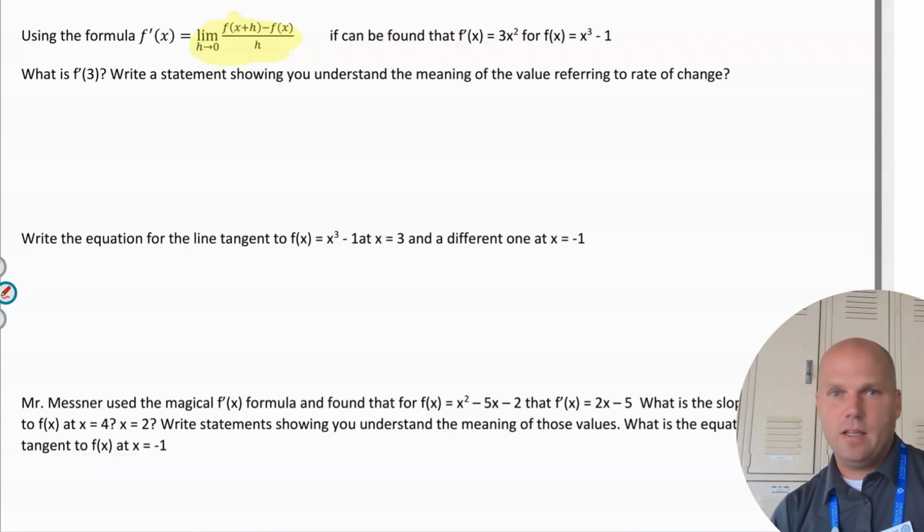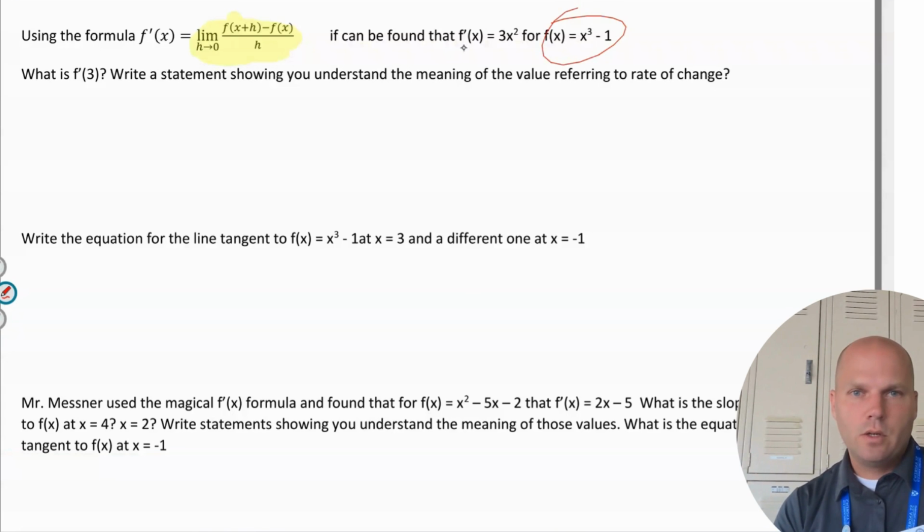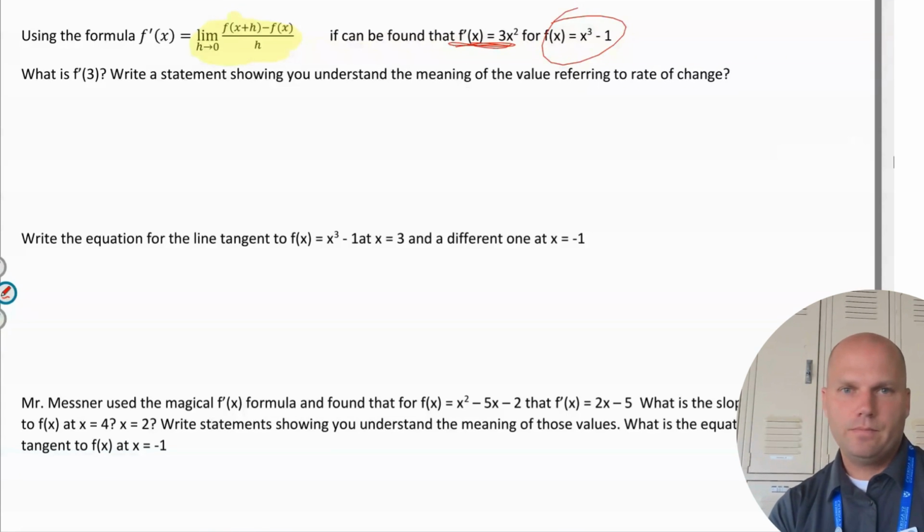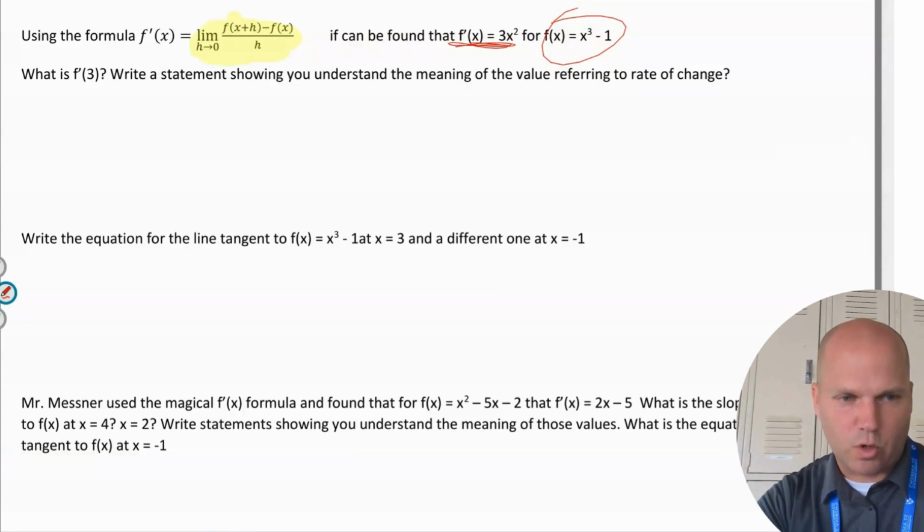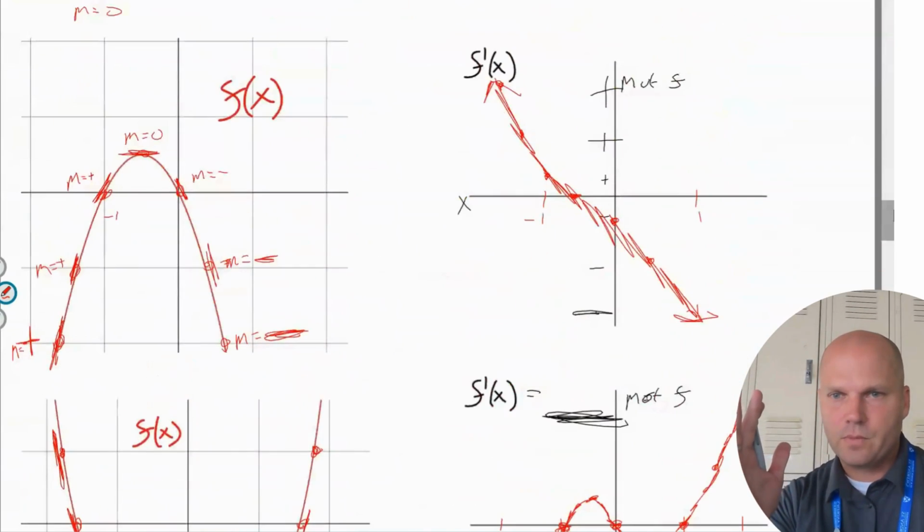Instead, I'm going to say, hey, you've got x cubed minus 1, f prime is 3x squared. Now this is where we're locked in, because this is so important.